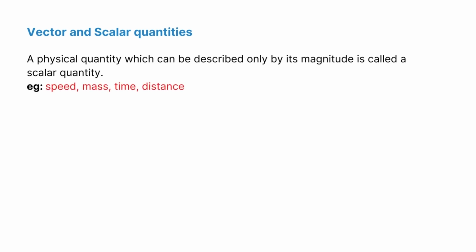But they don't have a direction. We don't talk about mass in a certain direction, and temperature doesn't have a direction. Whether the car moves from right to left, left to right, forward or backward doesn't matter. The speed only has a magnitude. In the same way, time does not have a direction. So they have a magnitude but no direction.